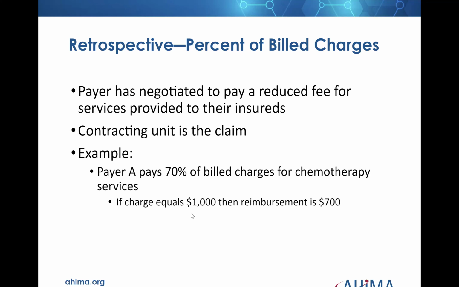The payers negotiate to pay a reduced fee for the services provided for the insured person. So in our example here, payer A pays 70% of billed charges for chemotherapy. So if the charge is $1,000 for a one-day stay in a chemotherapy suite, the reimbursement is going to be $700.